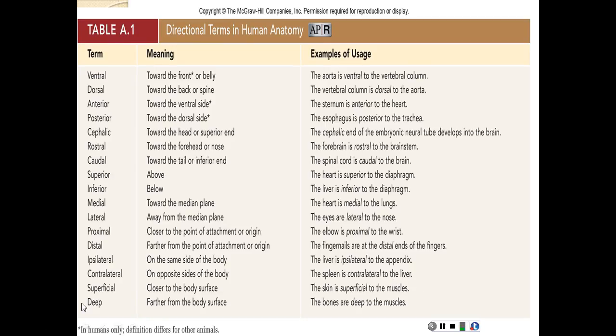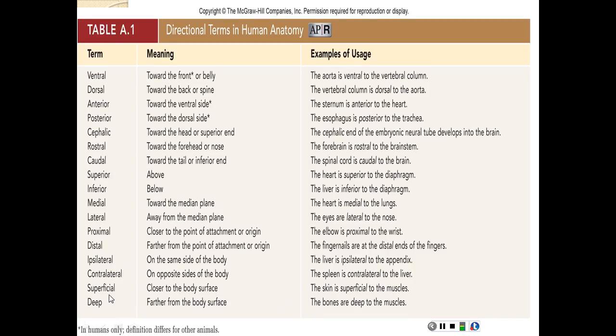Then we have superficial and deep. Superficial means closer to the body's surface, and deep means further from the body's surface. So of course the skin is superficial to the muscles, but the bones are deep to the muscles. So you are going to see these terms again. Make sure you know them.